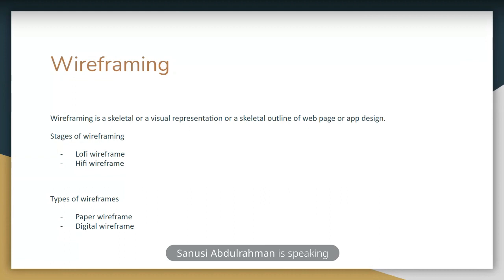Because if you present some of these low fidelity frames to the stakeholders, you get to understand how you can implement those thoughts in your high fidelity wireframe. So this helps in fostering collaboration between workers, between stakeholders and designers.